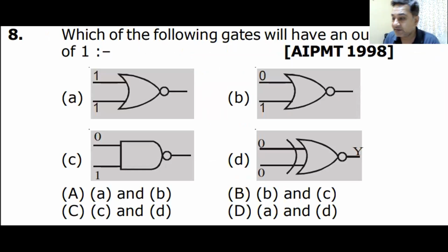I hope everyone understands this. Which of the following gates will have an output of 1? And if you don't understand symbols, you are gone, my dear friends. If you don't understand symbols, you are gone.